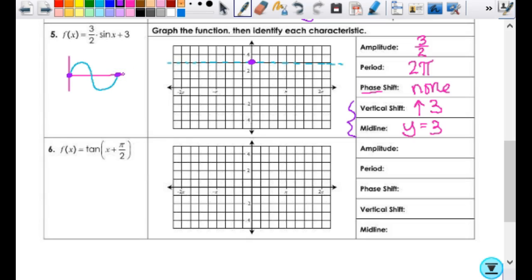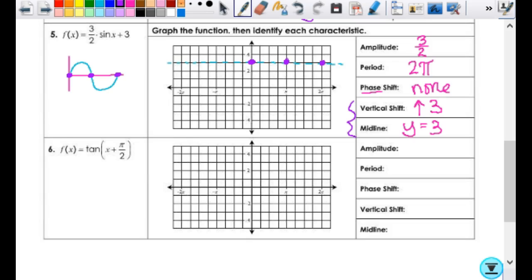The period is 2 pi long. So I'm at 0 right now, so I go to 2 pi, and this is an intercept just like the first one was. The part that people keep missing, I'm not sure why, is that the next thing you have to do is the middle, which is another intercept. So at pi, I have another intercept.